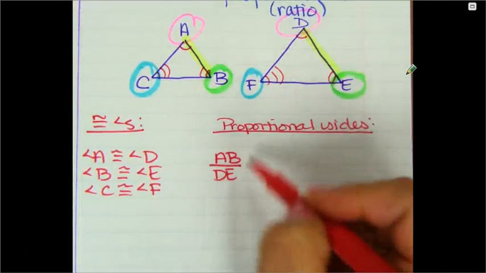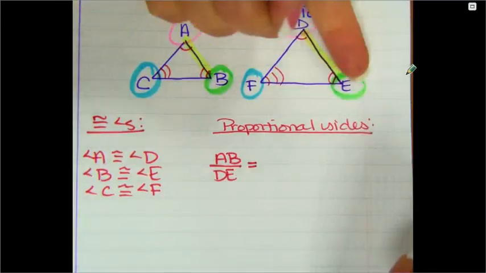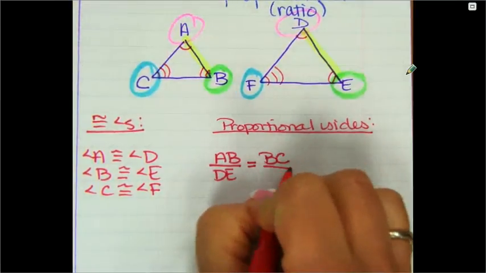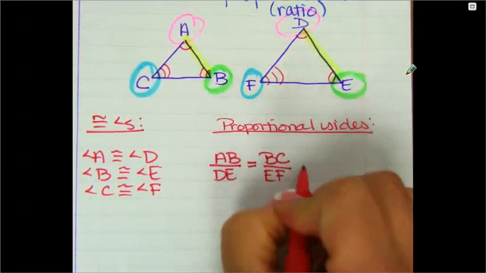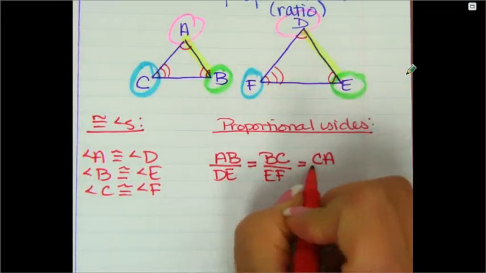So whatever this fraction is going to be equal to my next one. But if I go from AB and DE, I'm going to go where? BC over EF. And then I go where? CA over FD. Good.